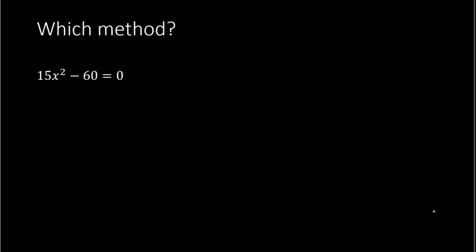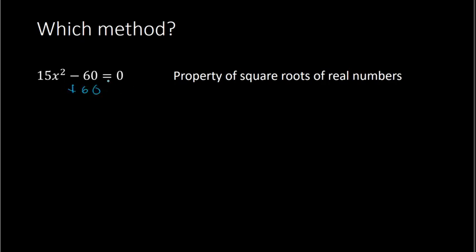Another approach we could use is the property of square roots, where we get the x squared term by itself, so we can add 60 to both sides. To isolate the x squared term, we would get 15x squared equals 60, and then get the x squared term completely by itself by dividing both sides by 15.